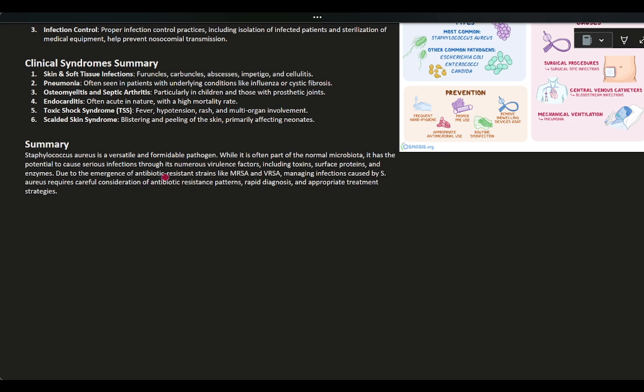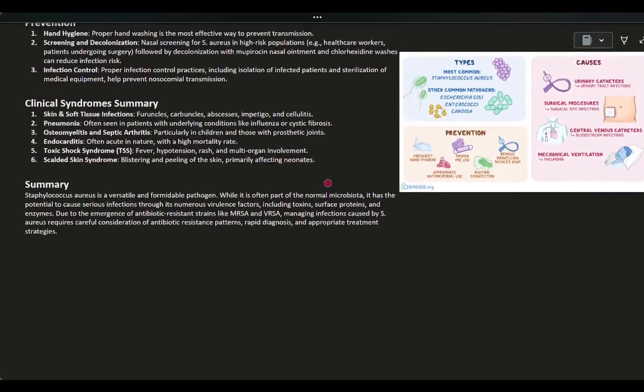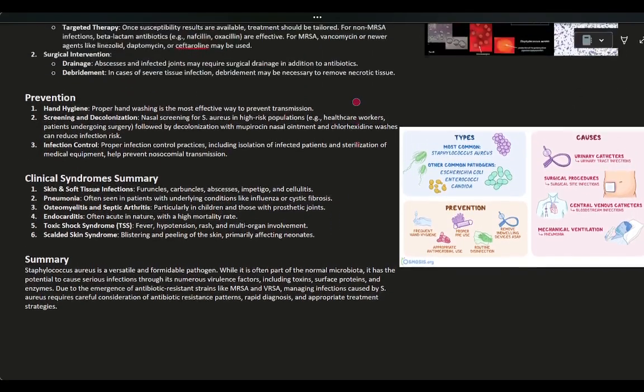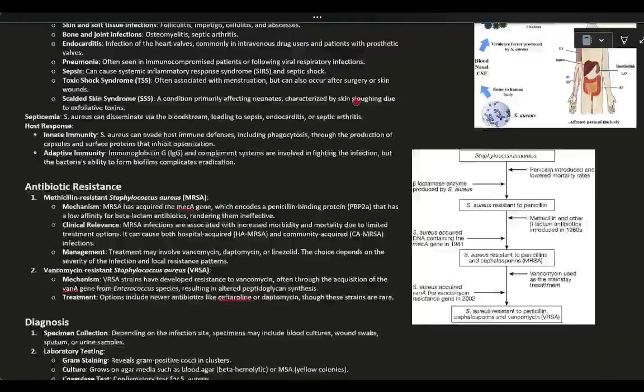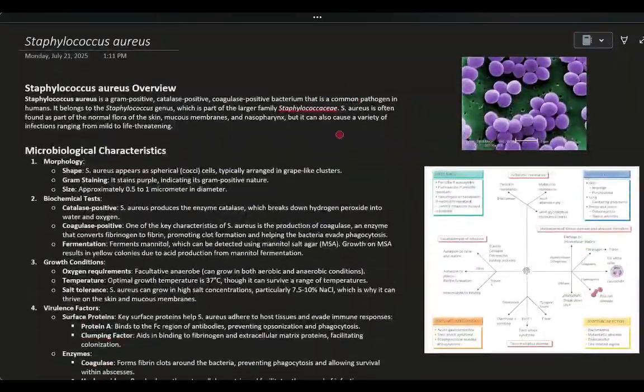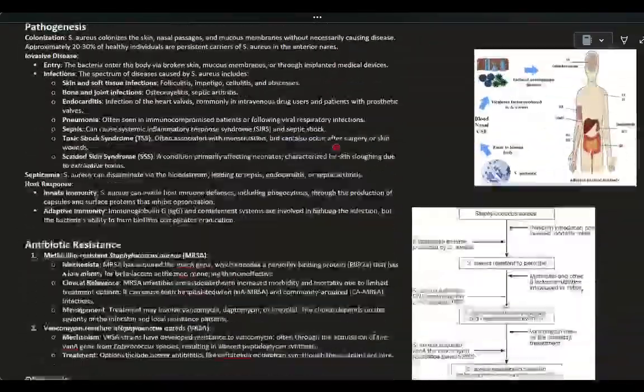Furthermore, because of emerging antibiotic-resistant strains like methicillin-resistant and vancomycin-resistant Staphylococcus aureus, managing infections caused by this bacteria involves careful consideration of antibiotic resistance patterns, along with rapid diagnosis and appropriate treatment strategies. Those are all the details of Staphylococcus aureus that are important to keep in mind moving forward.